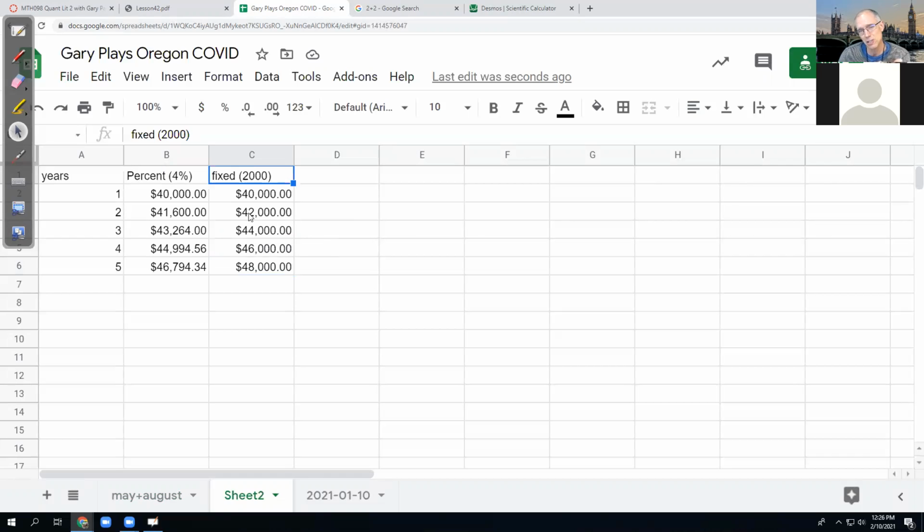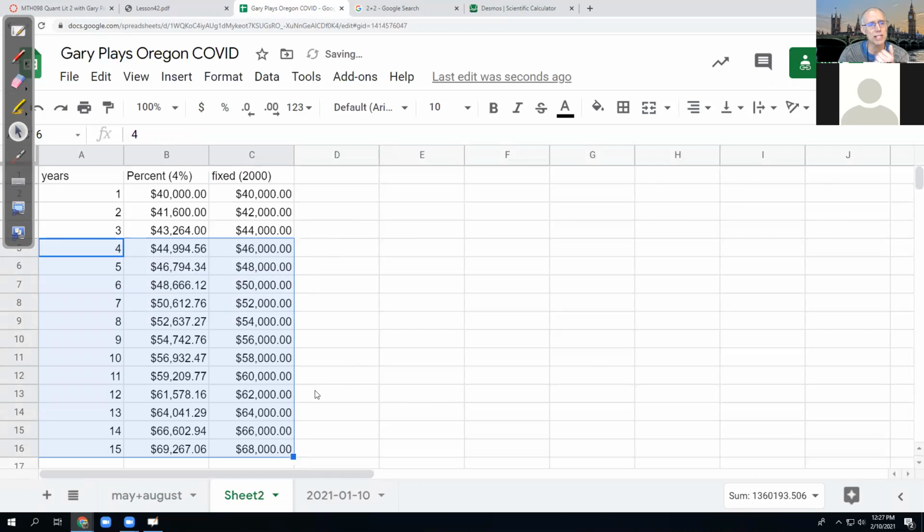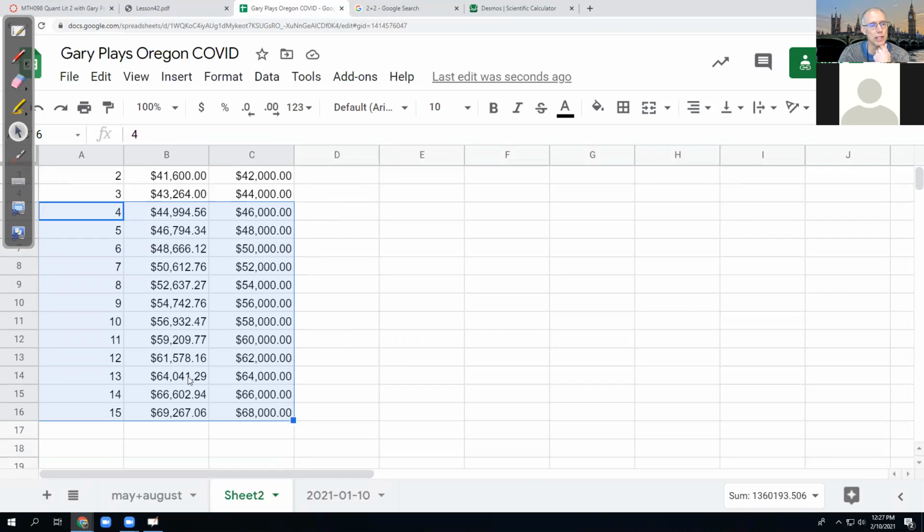But then a friend of his says, aren't percents better though? And he says, well, that percent's just less than 2,000. But if we expand this out a little bit to see if that's really true, what we're going to see is that eventually, where does it happen? Right here. In the 13th year, the other job is finally a better deal.